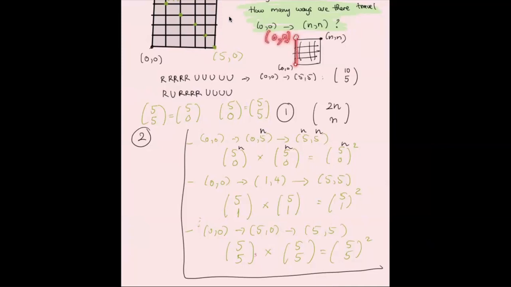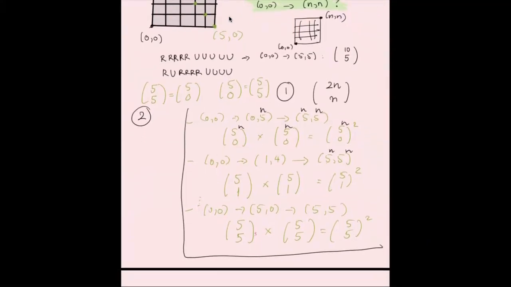And from 0, 0 to 0, n, I have to perform n steps. Out of n steps, I choose 0 steps to turn right. And from 0, n to n, n, I also have to perform n steps. Out of n steps, I chose 0 steps to go up. You can basically turn the number 5 into n, and 4 is just n minus 1. You can do it like that, and it will give you the general argument.